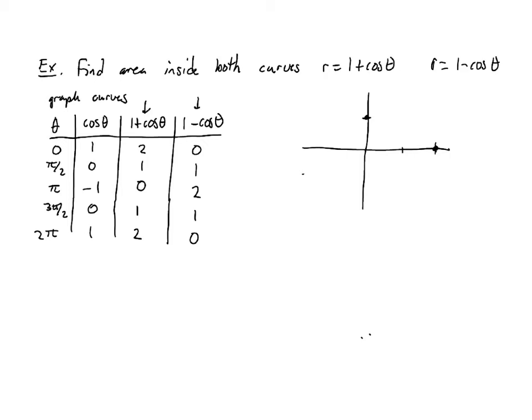And I have a nice smooth transition between those two because cosine, as I move through that range of theta values, goes nice and smoothly from 1 to 0. And then my next point, with theta equals pi, I'm going to have radius equals 0, and then like so. This shape is what's called a cardioid.